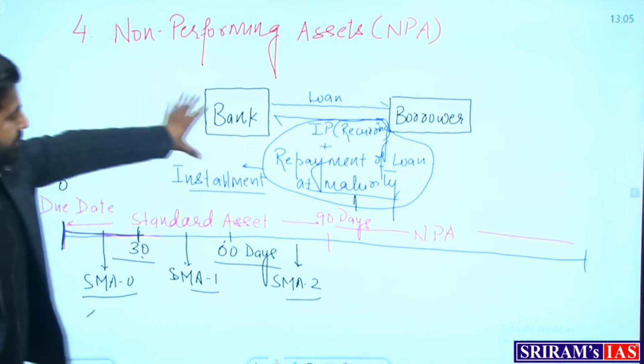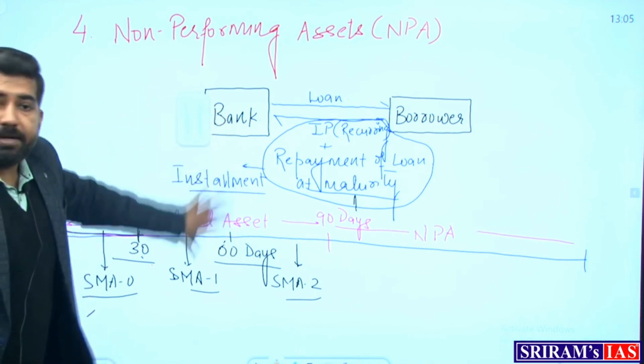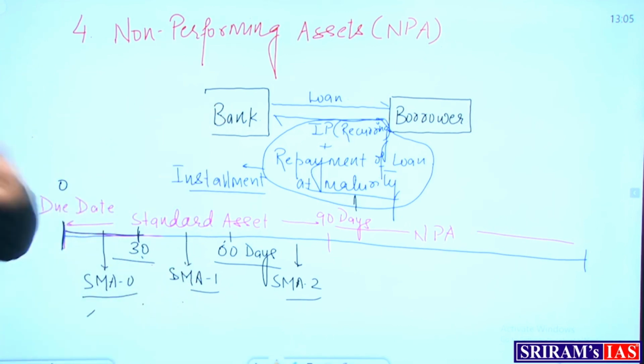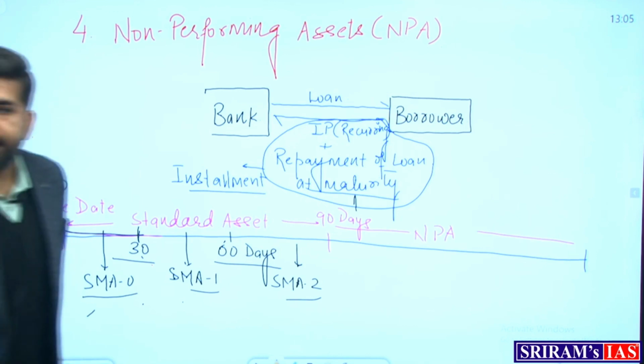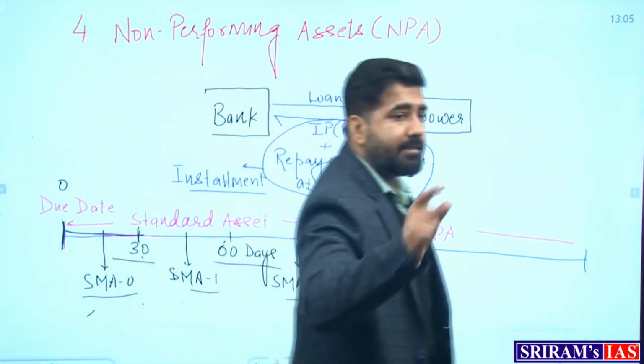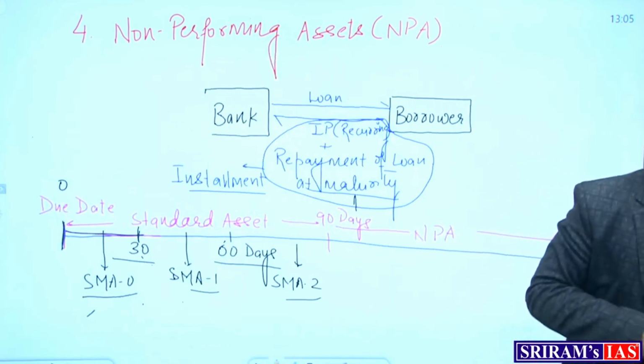Clear? So I hope you have written this definition of NPA, but write it down about SMA. The definition of NPA is clear, right? NPA refers to any asset for which the installment has remained overdue for a period of more than 90 days. Now you write down a little bit about SMA accounts, just 1 or 2 lines.